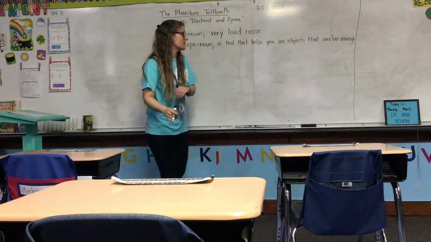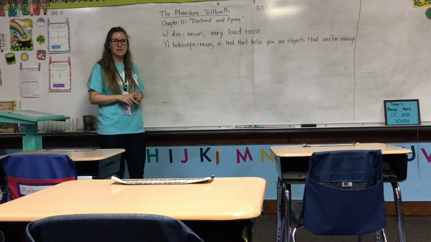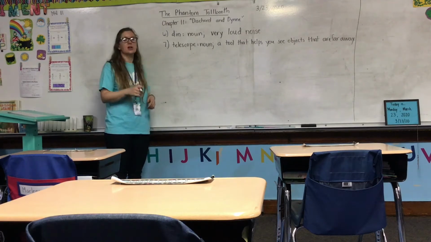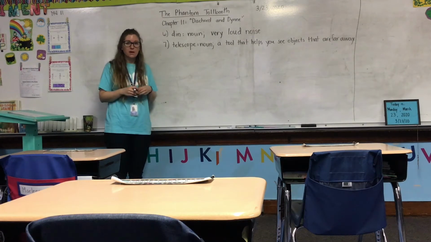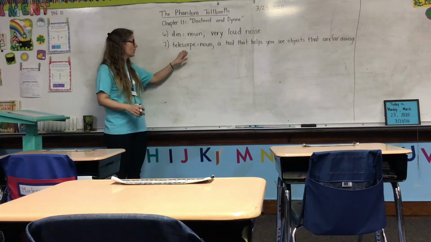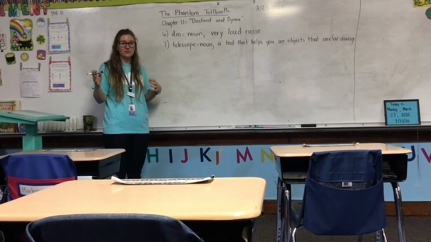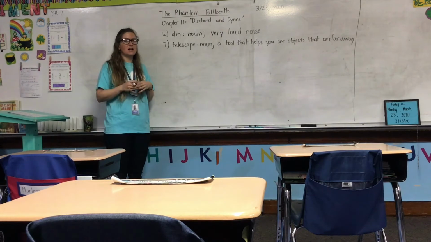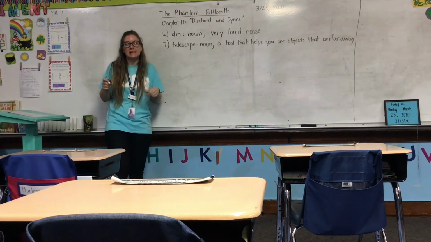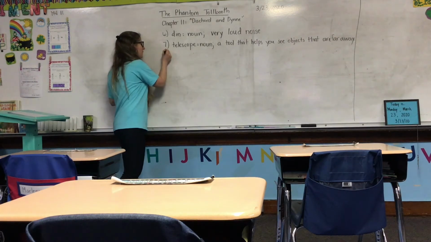I think that was one of our science vocabulary words, but in context, I would say, I used my telescope to look at the stars. Remember, when you make a sentence with a word, you have to include enough information so that it tells the reader you have an idea of what the word means.